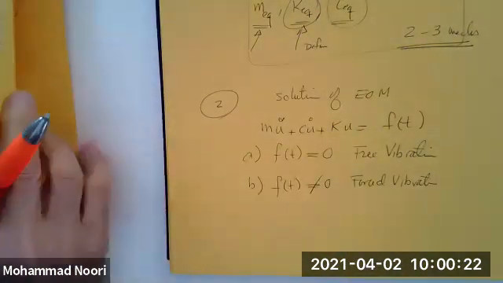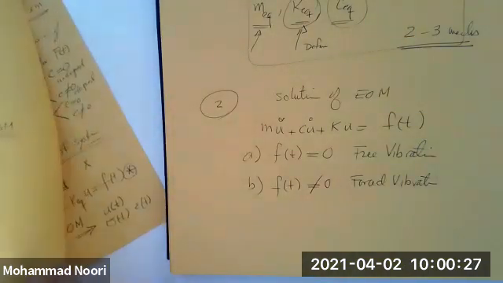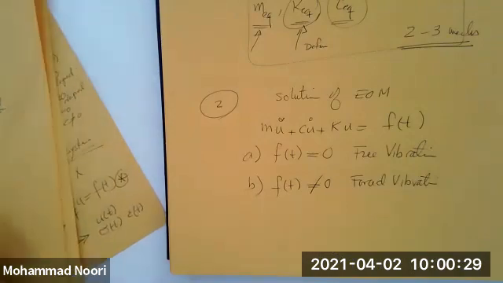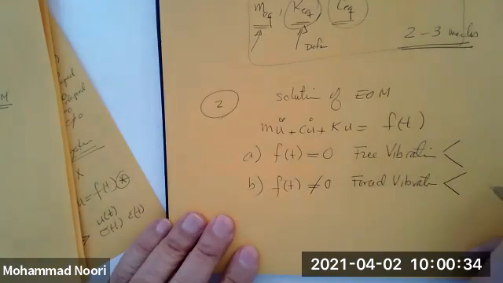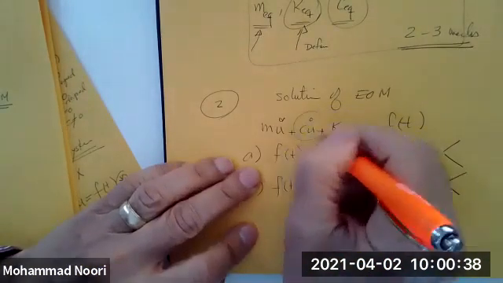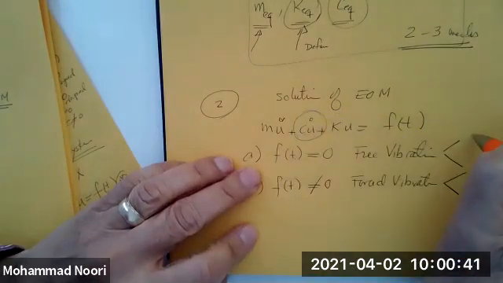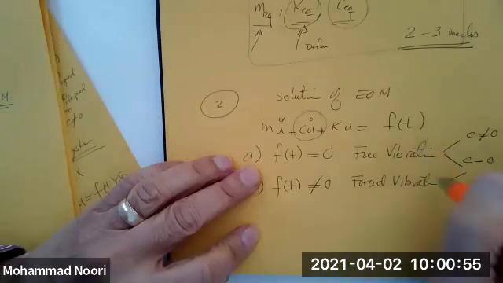But in each of these, in order to make our life easier, we do further subcategorization. We study both of these cases when we assume the system is either undamped, that is, no energy dissipation exists in the system, or is damped, in both cases.